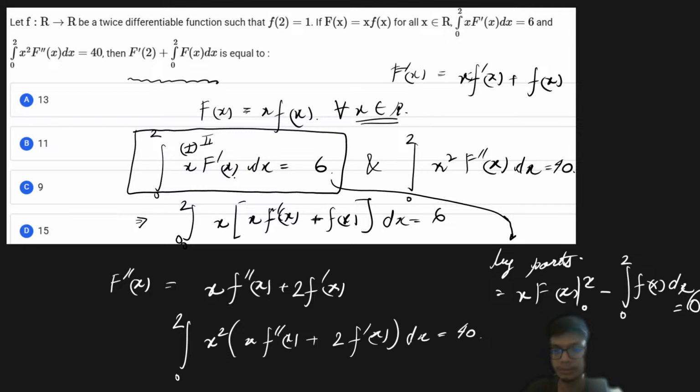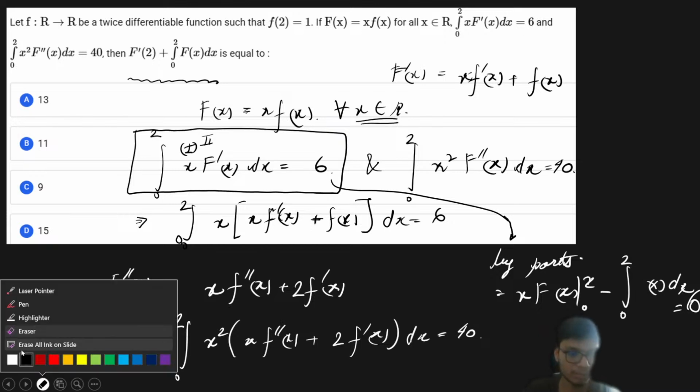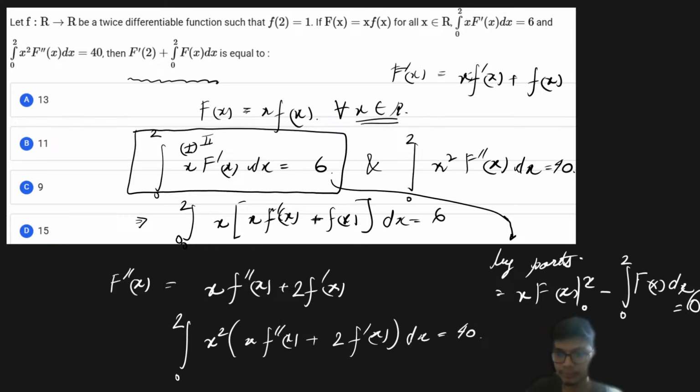So now we proceed together. If we put the value back in this equation, just a second, did I make any mistake? I think this should be capital F of x, right?